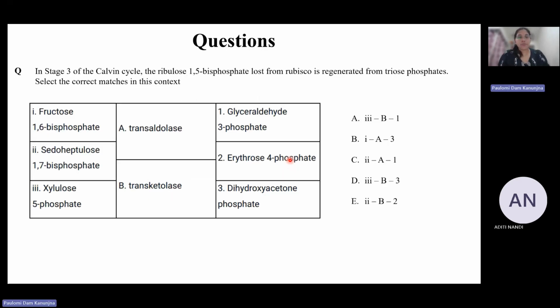All right. So next, moving to this. All right. So we have just discussed this. You have these three components, and you have these two enzymes, and you have these two products.